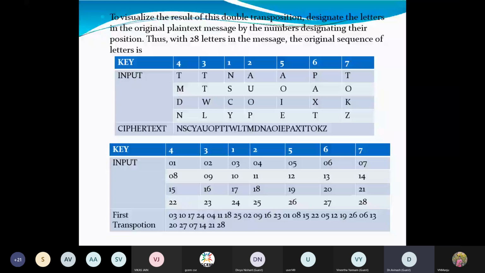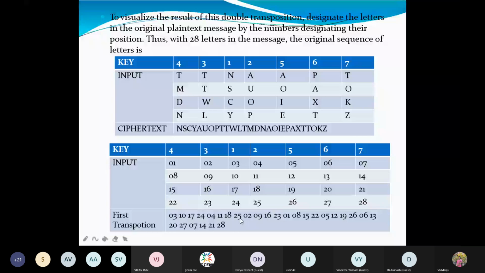This is the first transposition which has happened. The first group is 03, 10, 17, 24. After that, the next is 04, 11, 18, and 25. This is the second one.